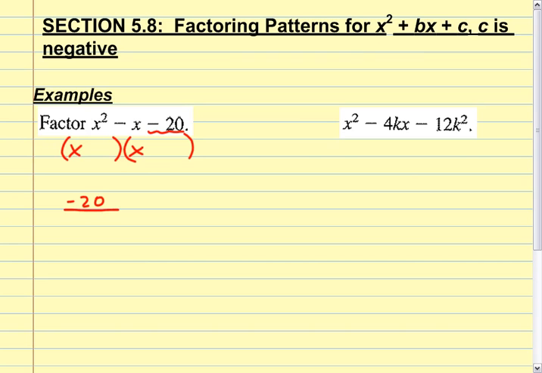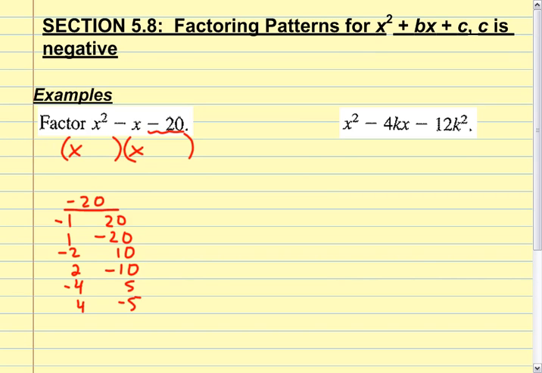negative 20. Now I need to write all the pairs of the numbers that give me negative 20. So negative 1, 20, 1, negative 20, negative 2, 10, 2, negative 10, negative 4, 5, and 4, negative 5.